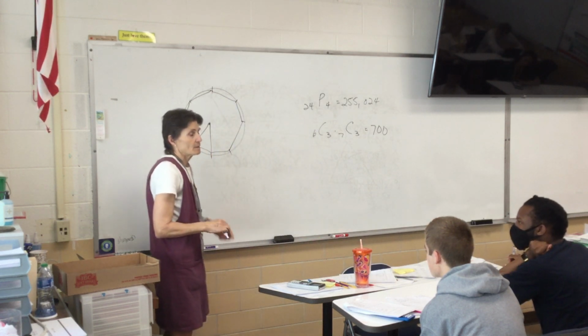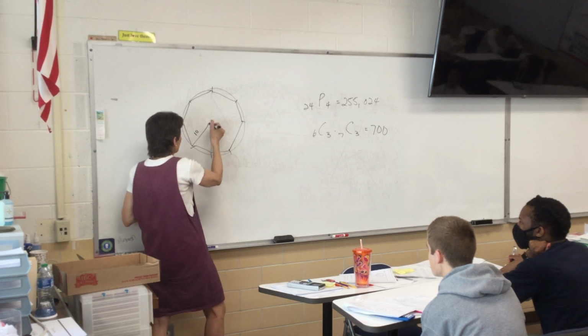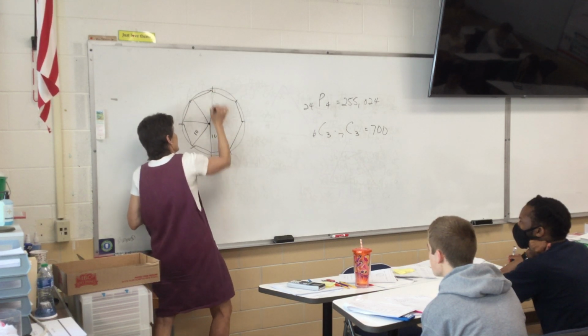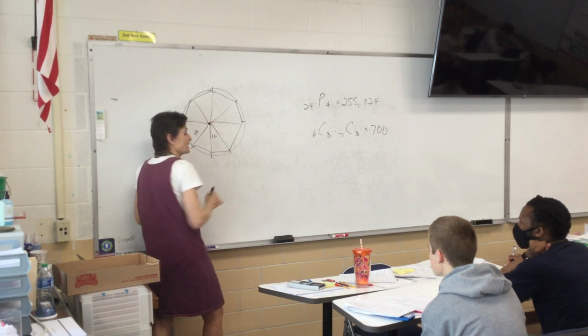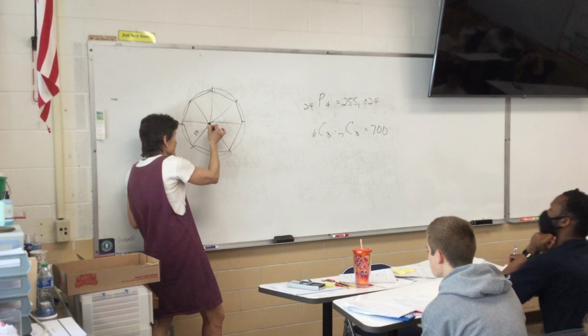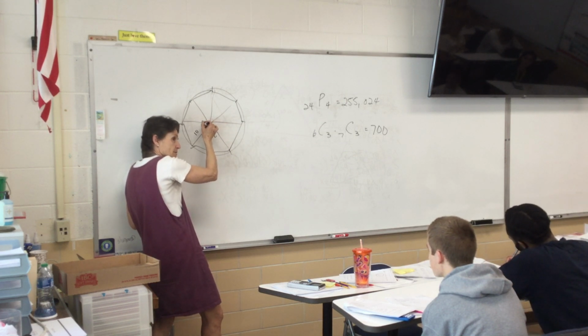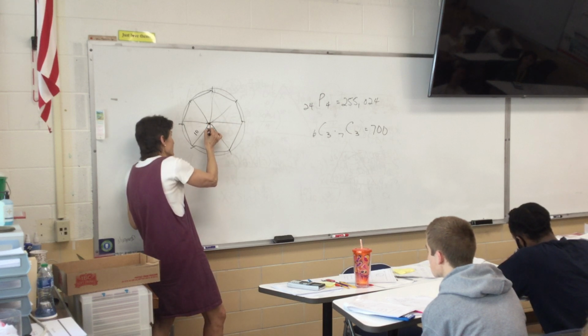Well, first, the other side is 10 too. I could draw in all of these, and every single one of those would be 10, right? 360 divided by 8 to find the angle. There's 8 of those angles. 360 divided by 8 is 45.